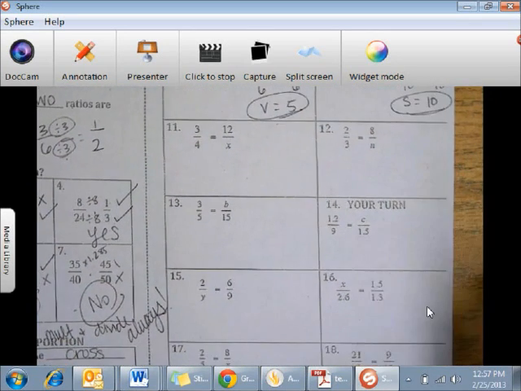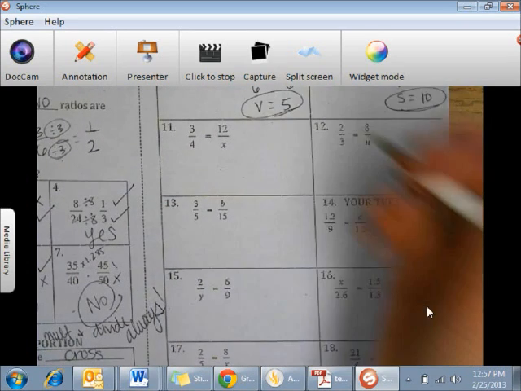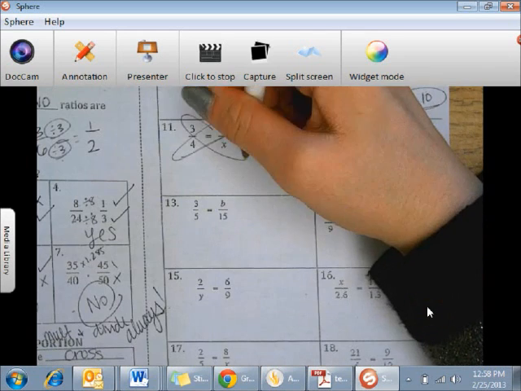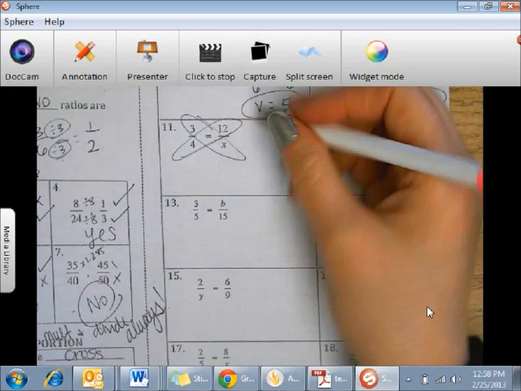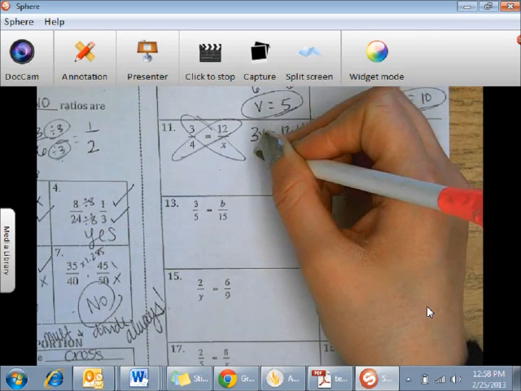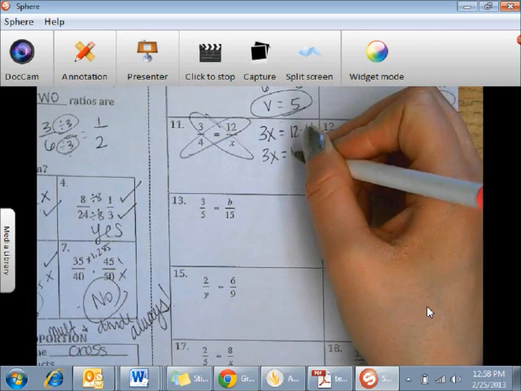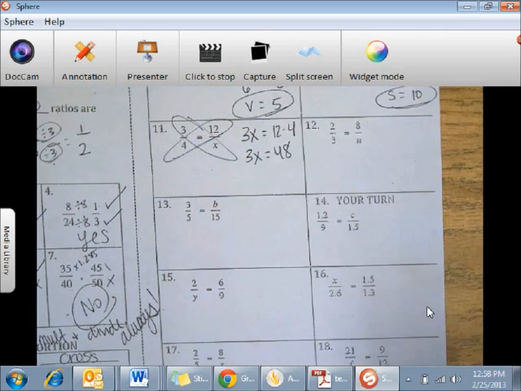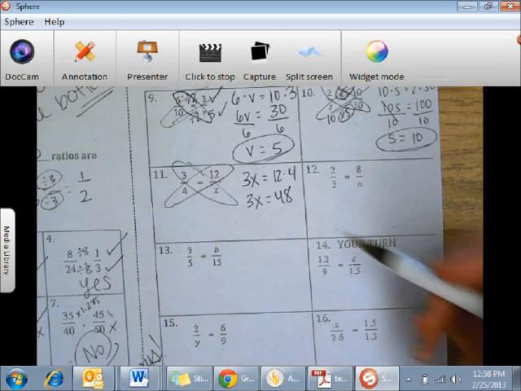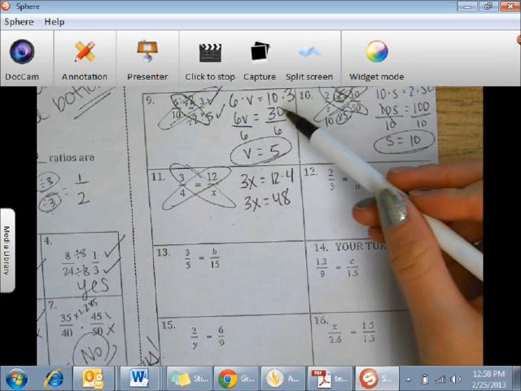Okay, let's try 11. We'll get 3x equals 12 times 4. 3x equals 48. And guess what? These were a little bit easier. So if you knew 30 divided by 6 was 5, that's great.